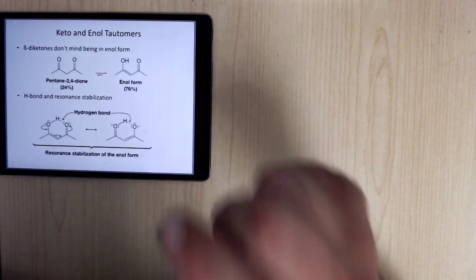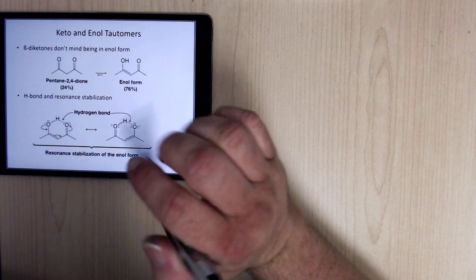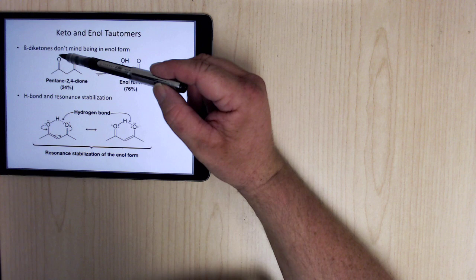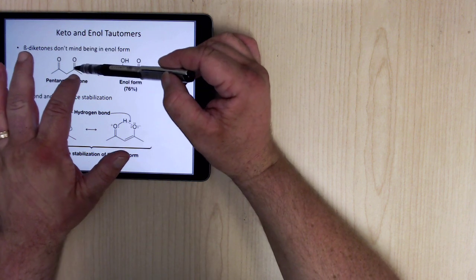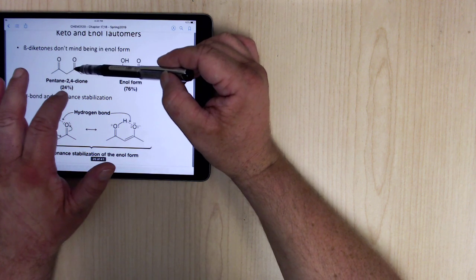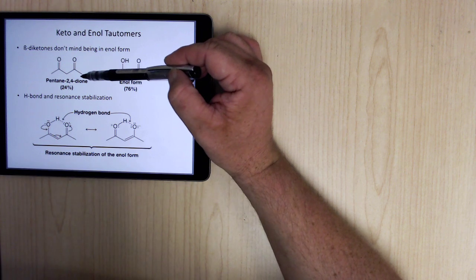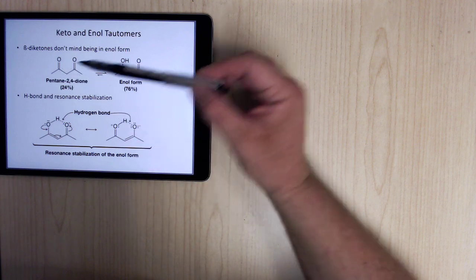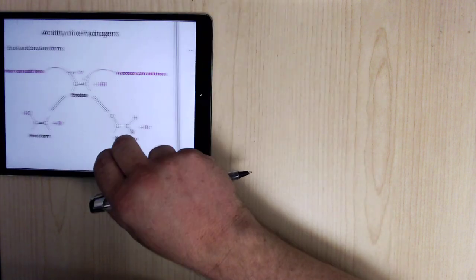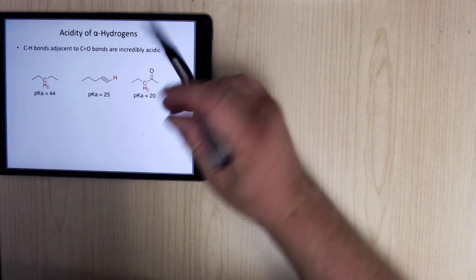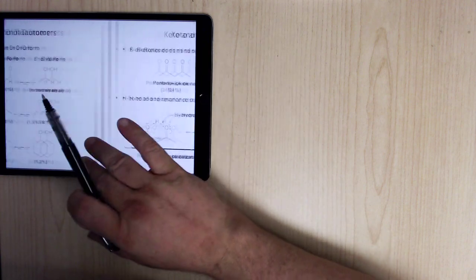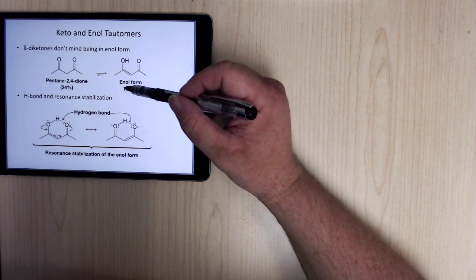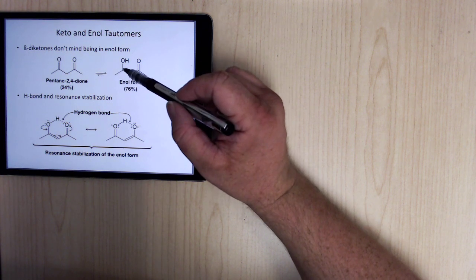The exception for this is if you have a diketone, a beta diketone. Looking here, this is the alpha position, then two away would be the beta position, and this one right here would be the gamma position. So we said before it was incredibly easy to take this away. Well, if you have two of them, it's even more likely.